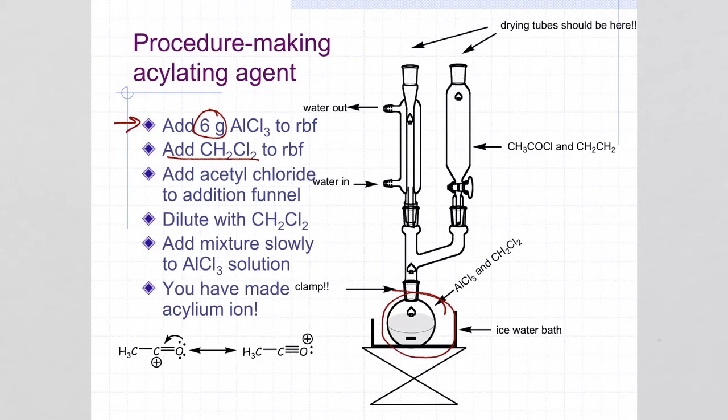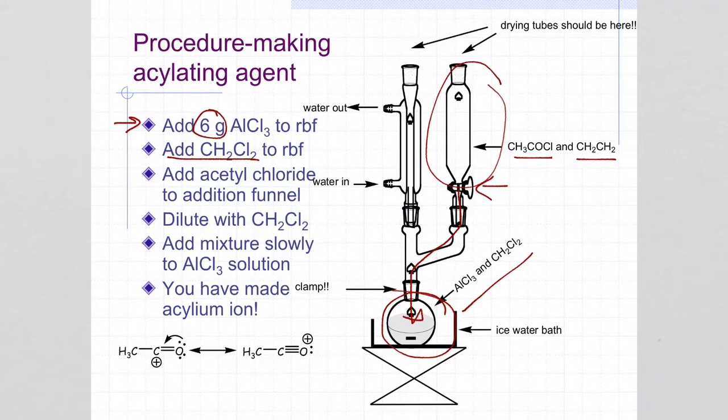So once you have those two reagents mixed in the round bottom flask, we're going to add the acetyl chloride and then the dichloromethane to this thing right here, and that's called an addition funnel. Notice the addition funnel has a stopcock so that you can add this mixture to the aluminum chloride solution.